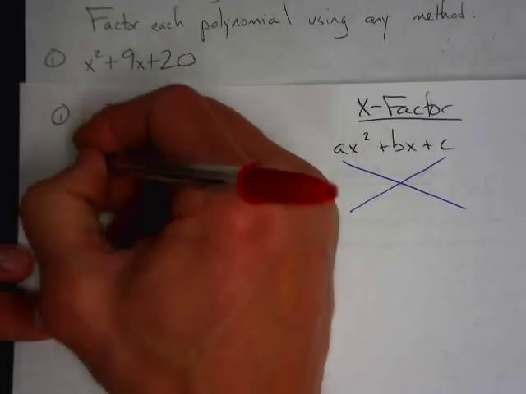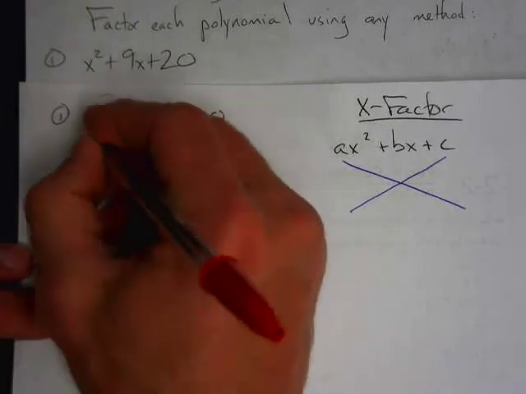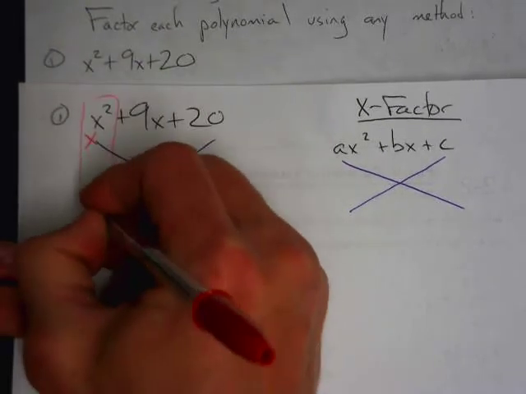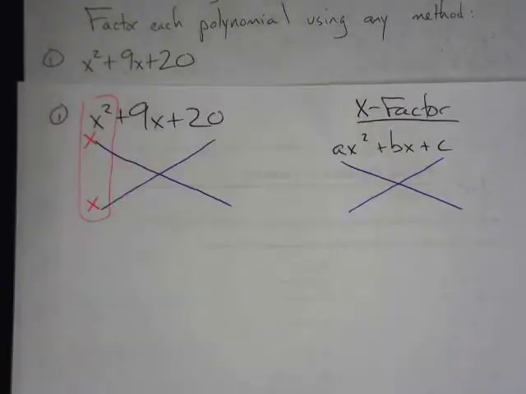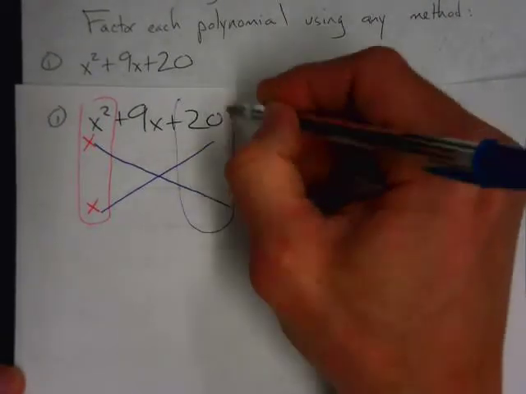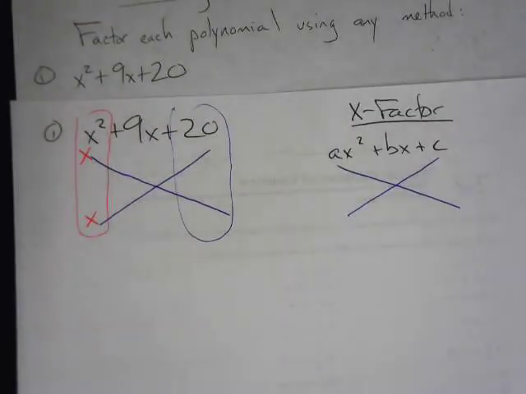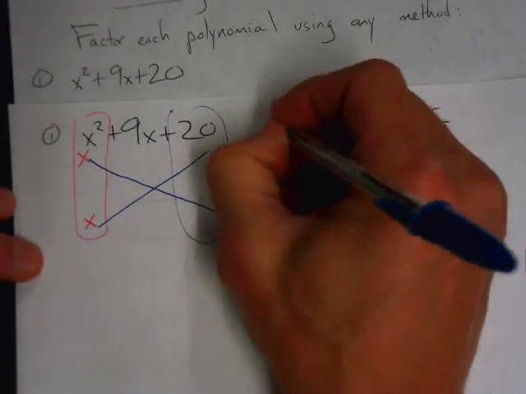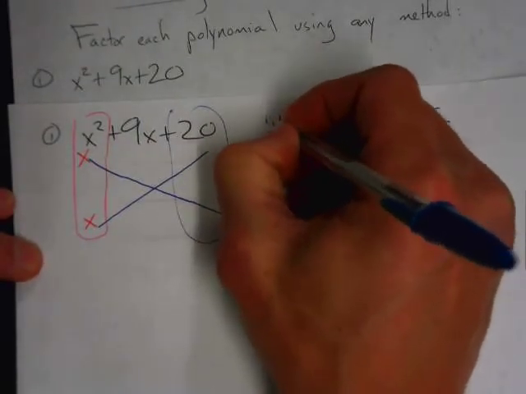Then we look at our 20, and figure out what two numbers multiply to give us 20. You can come up with 1 and 20, 2 and 10, and 4 and 5.